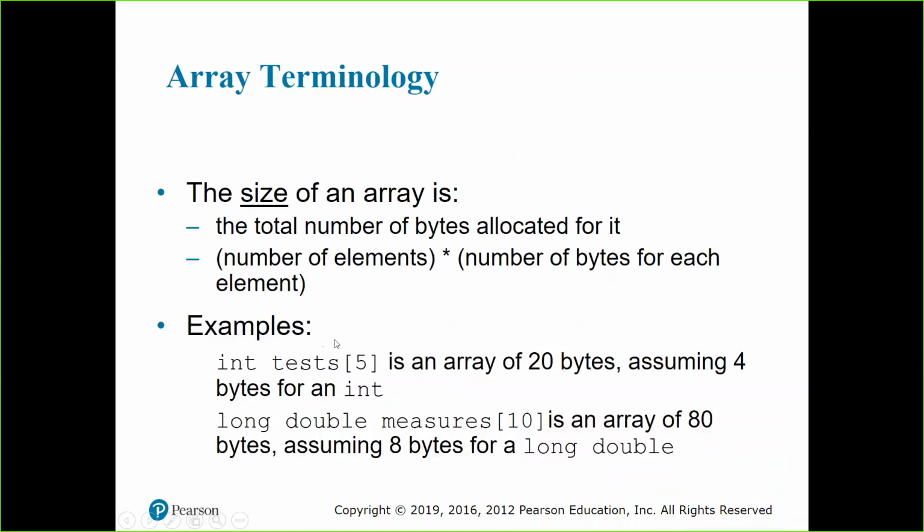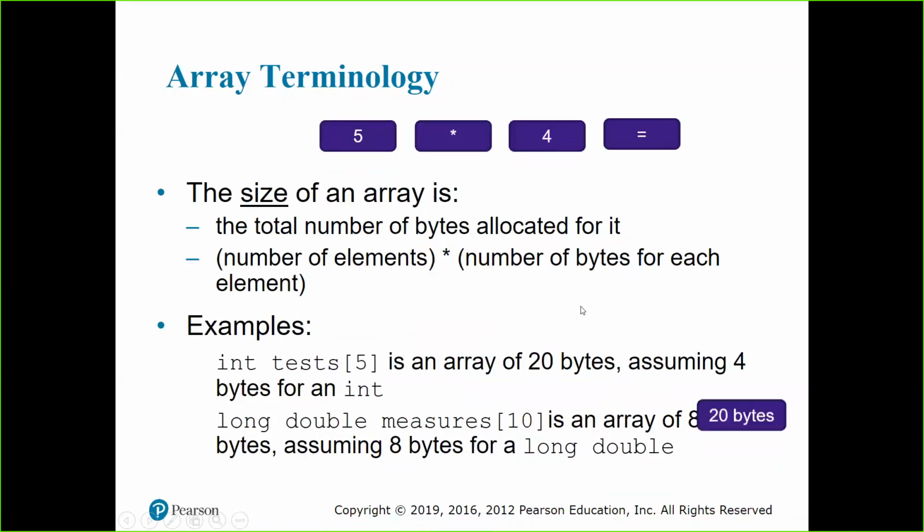So the size of an array is the total number of bytes allocated for it. For example, int test[5] is an array of 20 bytes, assuming 4 bytes for each int, and long double measures[10] is an array of 80 bytes, assuming 8 bytes for each long double. That is how it works.